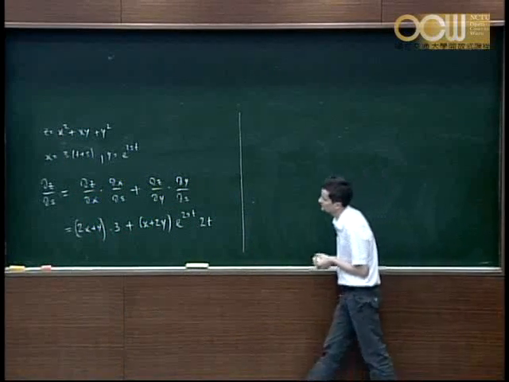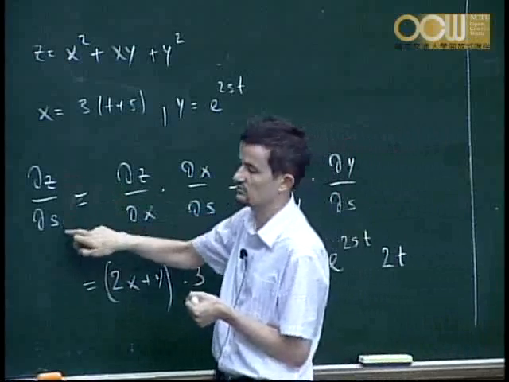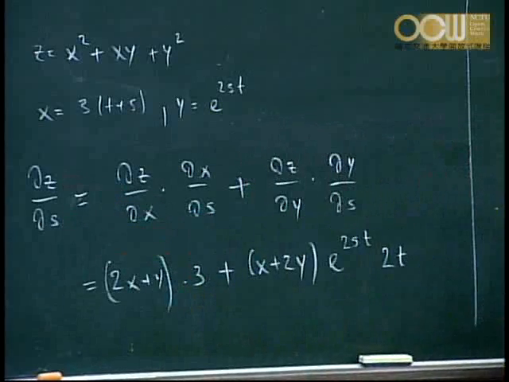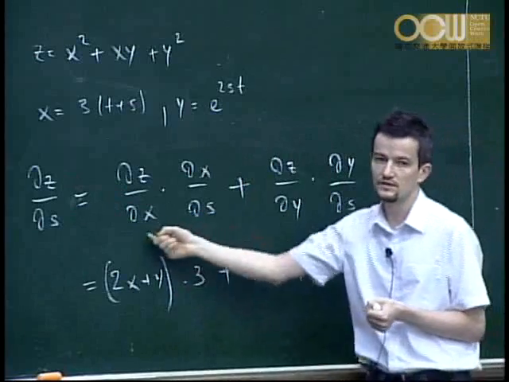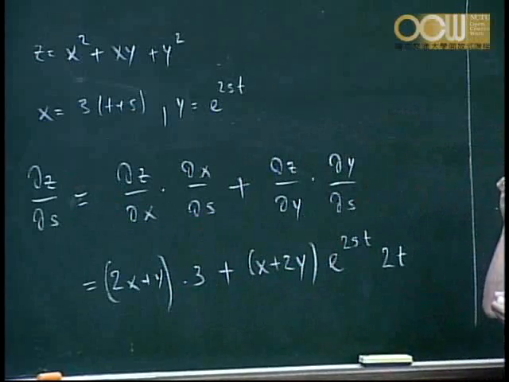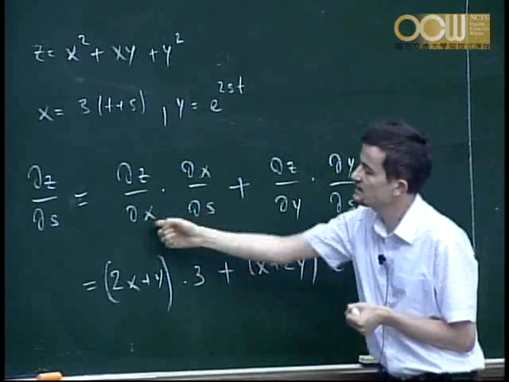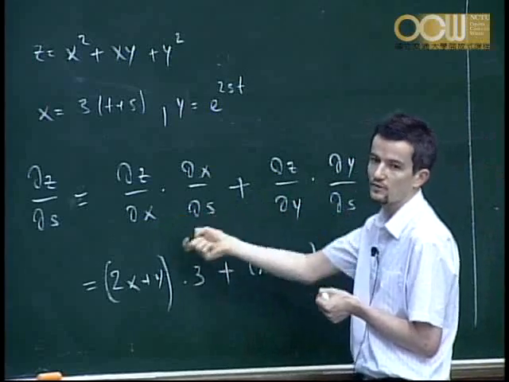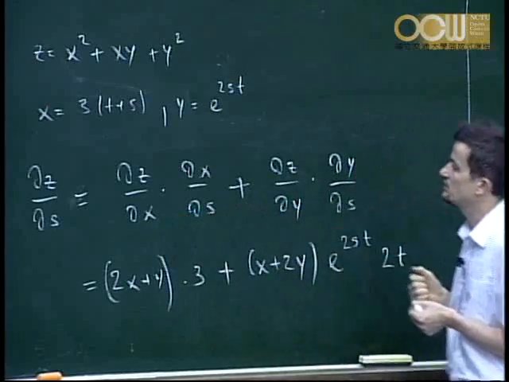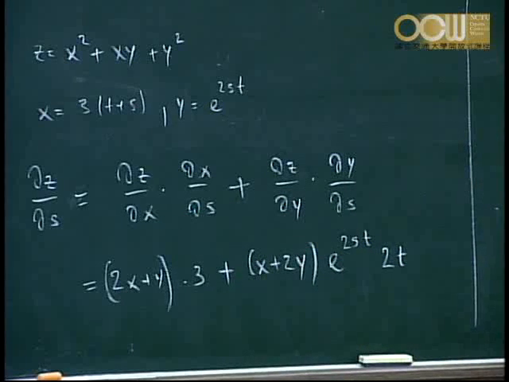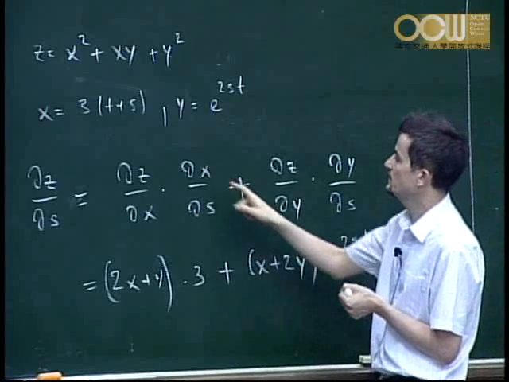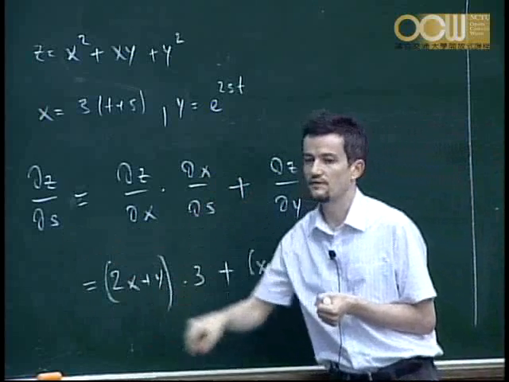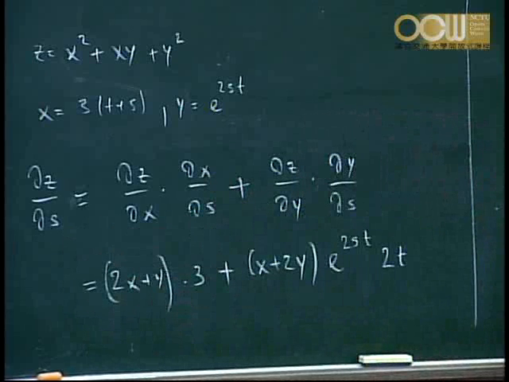So if you have to compute the partial derivative of z with respect to s, you compute the partial derivative with respect to every intermediate variable, and every intermediate variable gives you an addend, a term in this sum, and then you differentiate the intermediate variable with respect to the variable you are interested in. This is one way to see it.